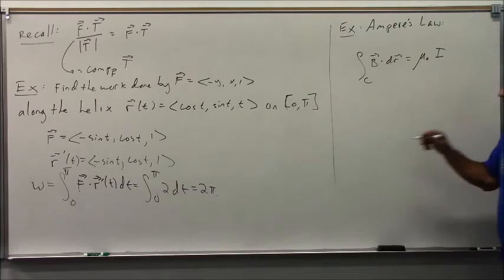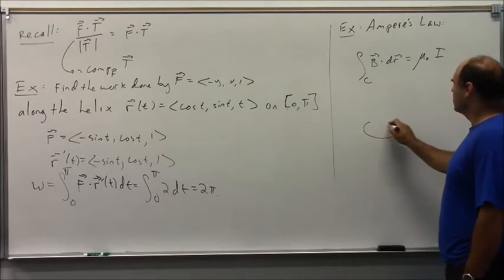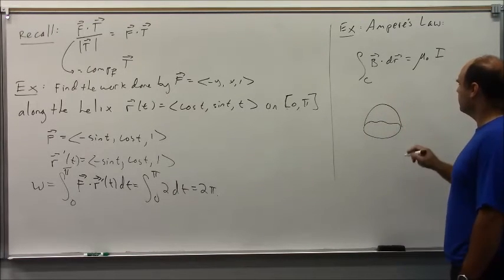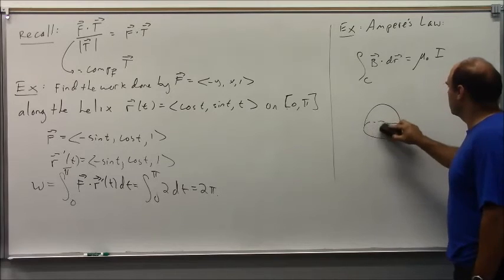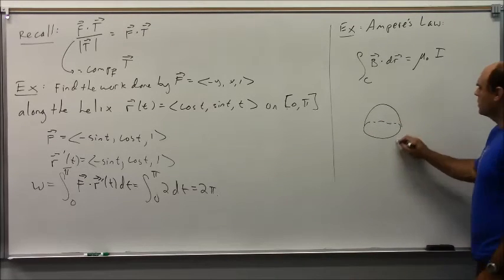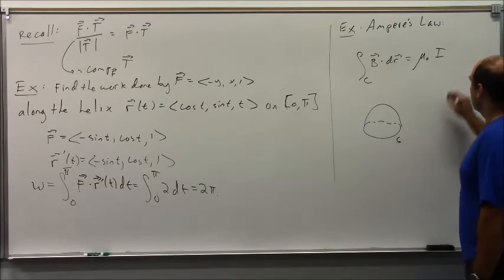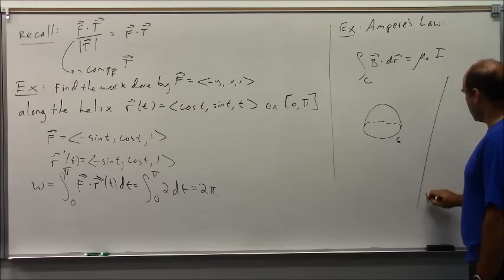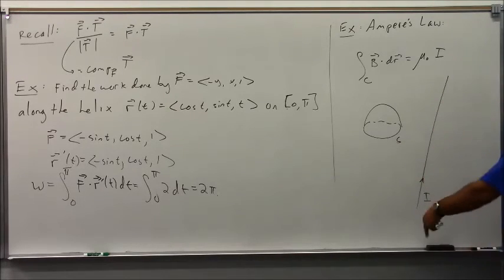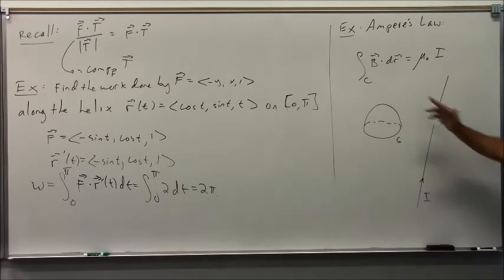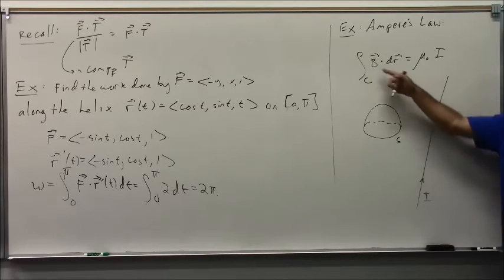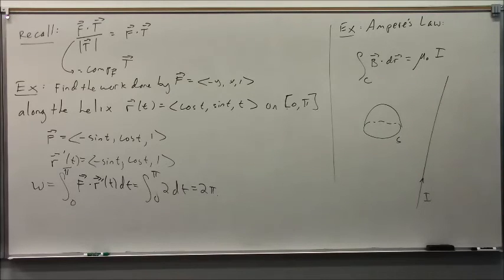Here, C is some curve bounding a surface, so something like that. There's the curve C. I is the current in some long wire. So there's current passing through the wire. And then there's this magnetic field that is produced by the current in the wire.